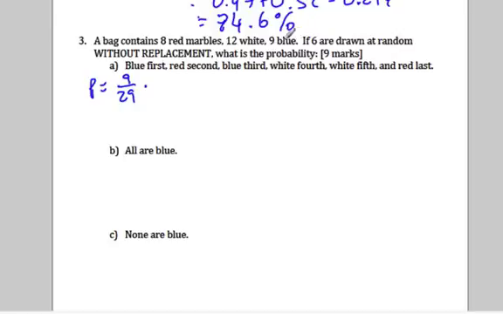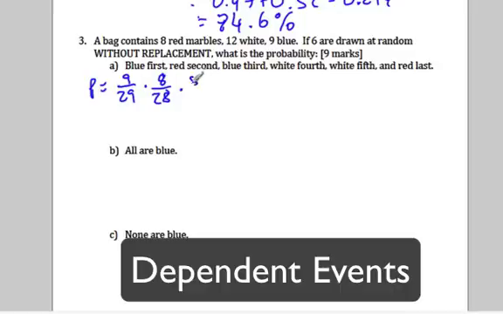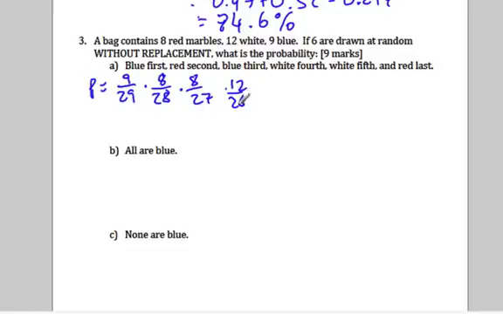Then on the second draw, there's going to be 8 reds out of 28 marbles left in the bag. Okay, and since there's no replacement, then for blue third, well, we drew 1 blue in the first draw, so there's 8 out of 27.